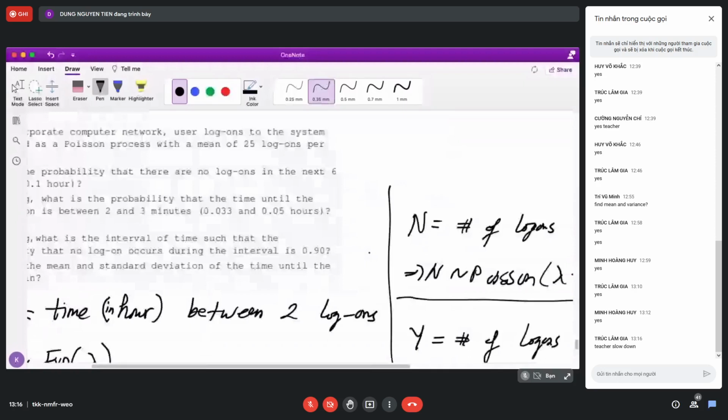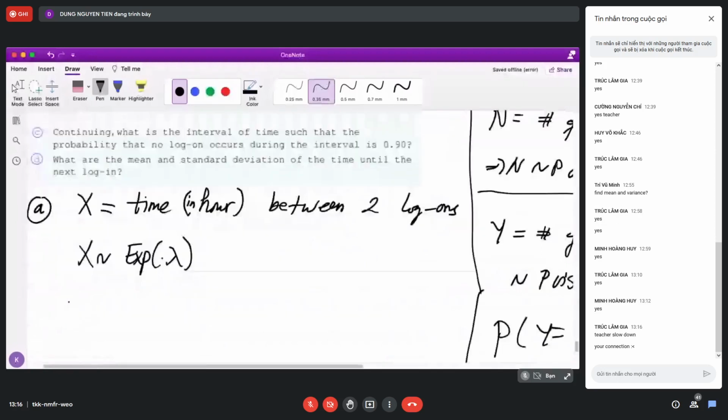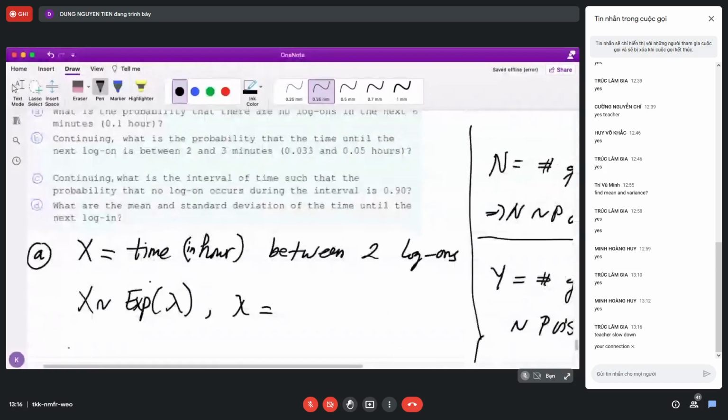Besides, you can see that in this case the time between logons follows an exponential distribution with the parameter lambda, and lambda is the number of logons in 1 hour, right? Because the unit here is hour.